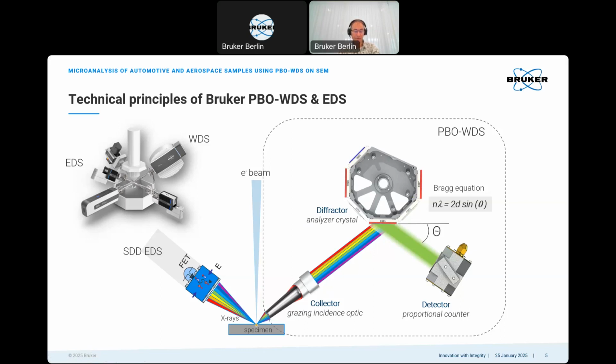X-ray detection or counting is then done in a flow proportional counter. The benefit of such a WDS with a parallel beam optic is the large solid angle and thus high sensitivity for low energy X-rays.